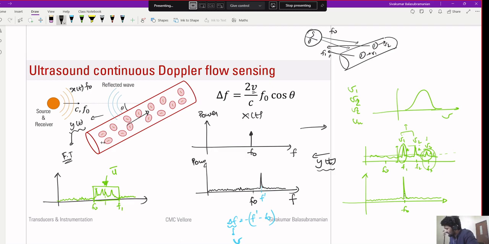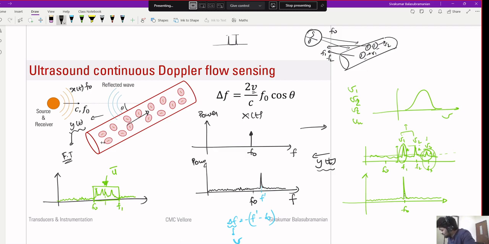This one will reflect at f2. Let's assume the relative distance of these two with respect to the detector itself is approximately the same. That means the intensity of the sound that is reflected back by each of these two RBCs would be more or less the same. So the frequency peak that you see at f1 and f2 would have more or less the same height.